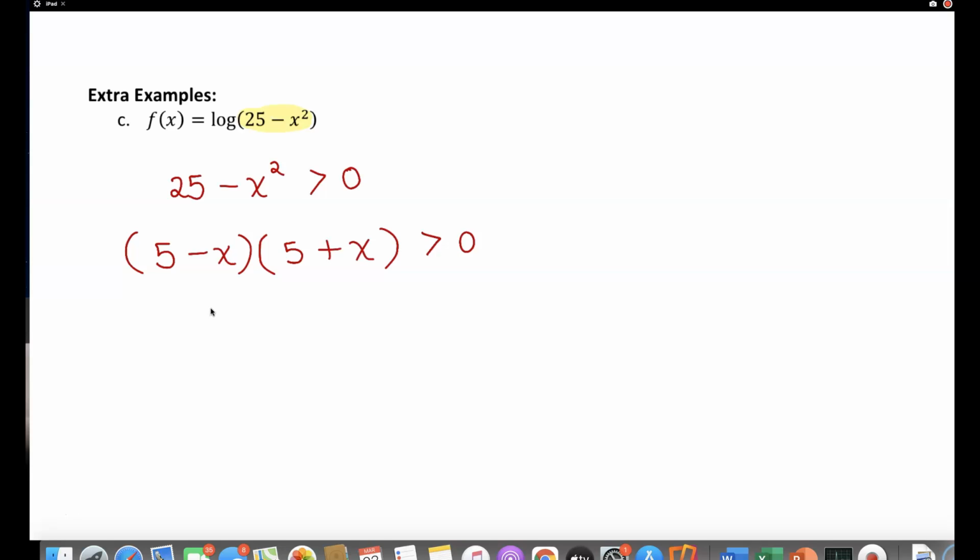Which means the boundary points are x equals positive 5 and x equals negative 5, because these two numbers, 5 and negative 5, will make this 0.